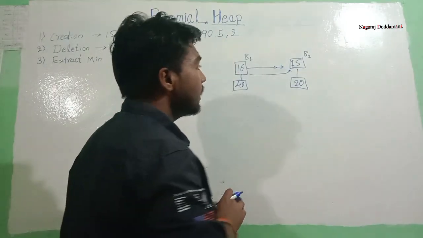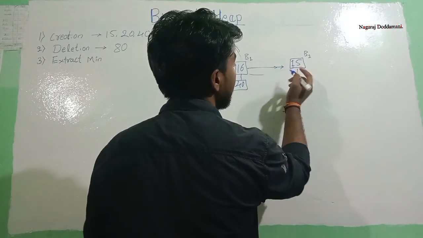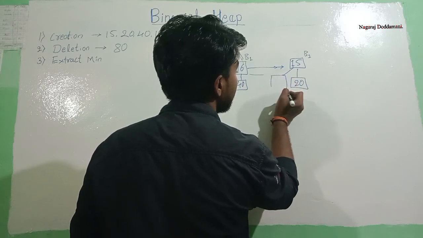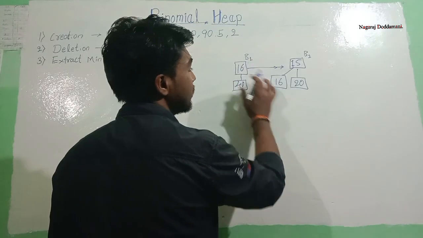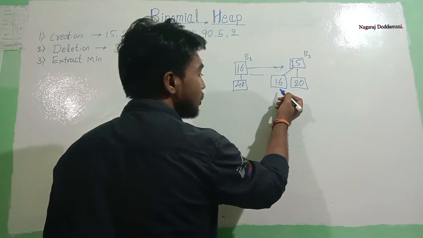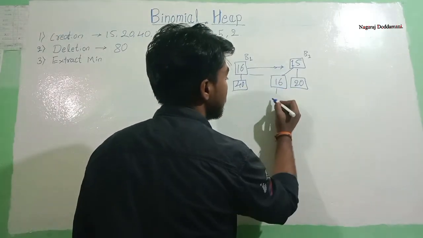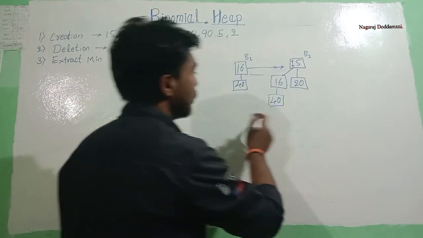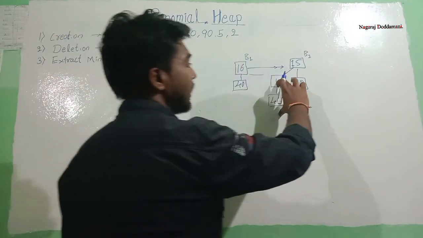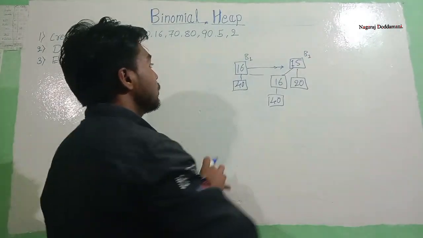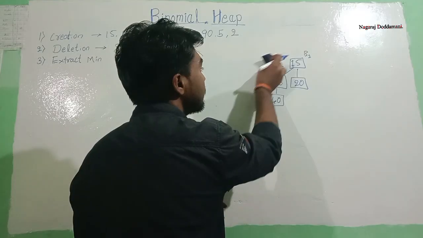How can we do it? We need to create a node and insert this 16. So 16 is inserted, and 40 is the child node. The entire tree is attached to this tree, so this one will be erased.